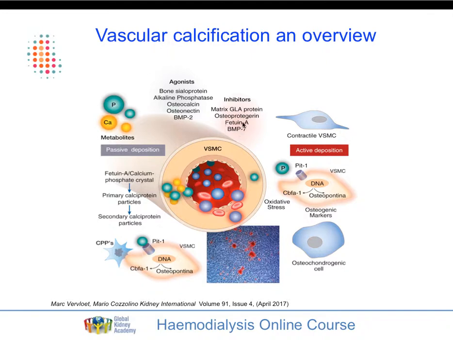And that's why there's a lot of interest now in vitamin K as an inhibitor of vascular calcification, and there are a number of randomized controlled trials going on at the moment looking to see the effect of vitamin K in the dialysis population, because it will increase the activity of matrix Gla protein and fetuin-A and therefore inhibit vascular calcification.